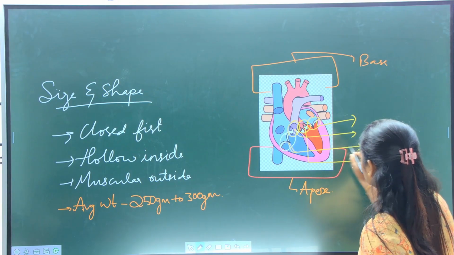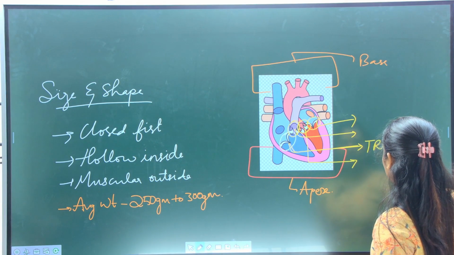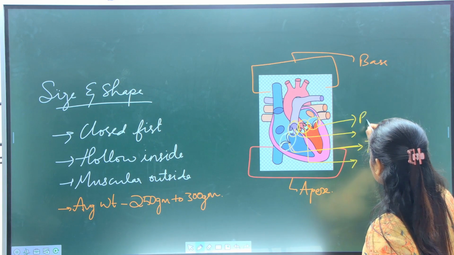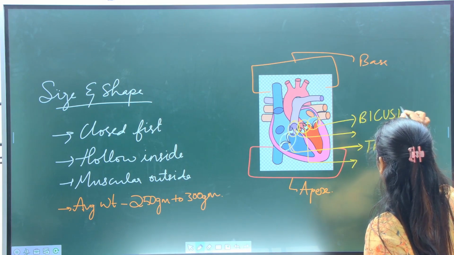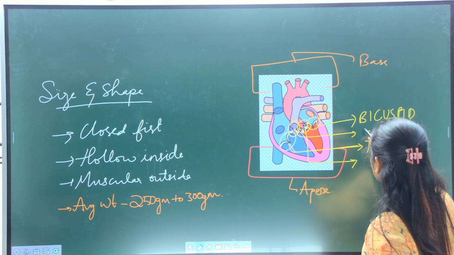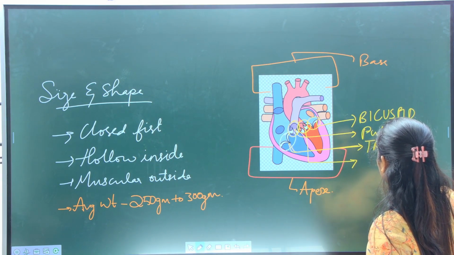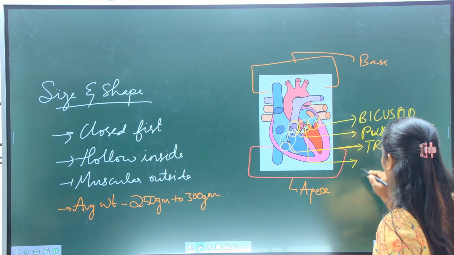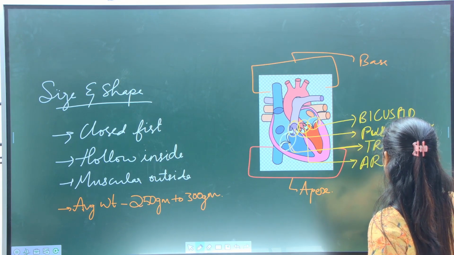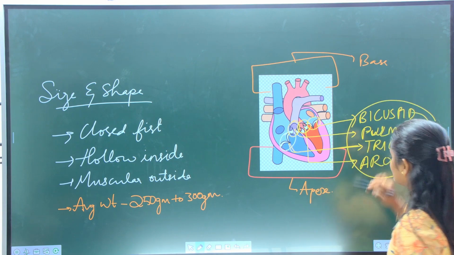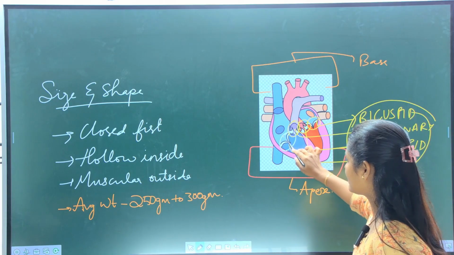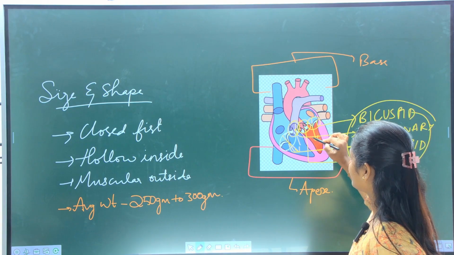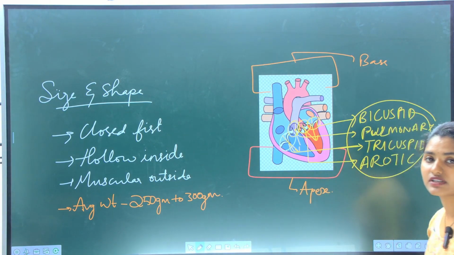So first one, this is the tricuspid valve, and here this is the bicuspid, and here this is the pulmonary valve, and this is the aortic valve. So these help in transferring blood to the ventricles. This plays an important role in transferring the blood.